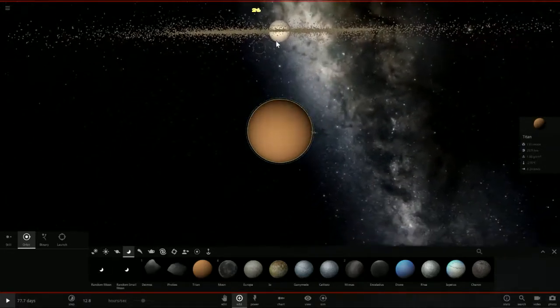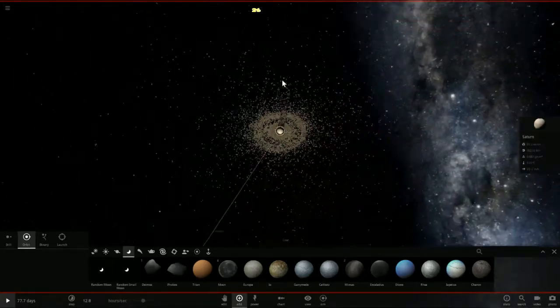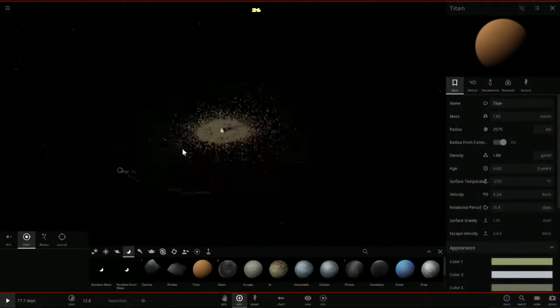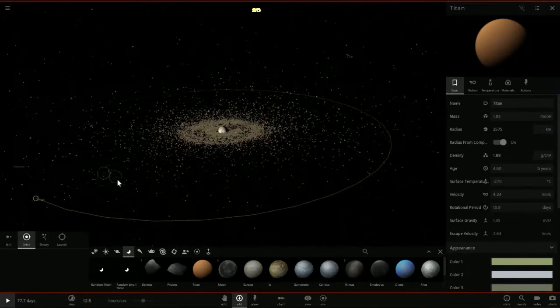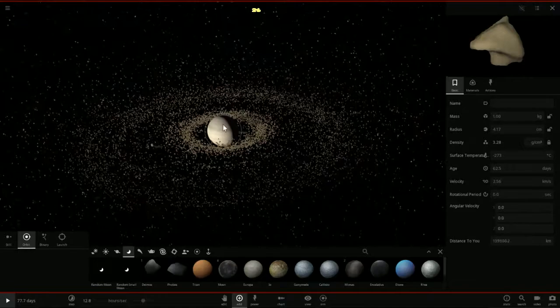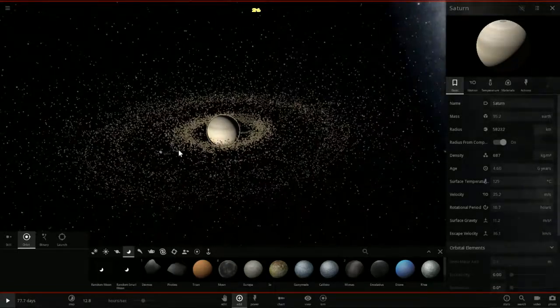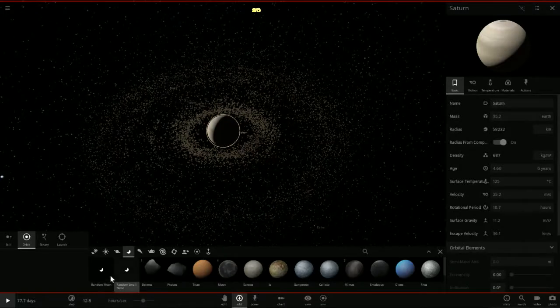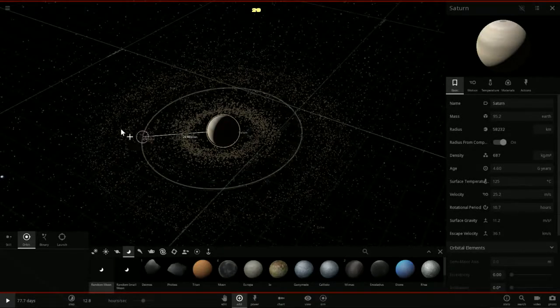I don't understand how Titan can change how Saturn's ring system looks, because the closer we've looked into Saturn's ring system, the smaller the moons have become. So there's hundreds of tiny moons.